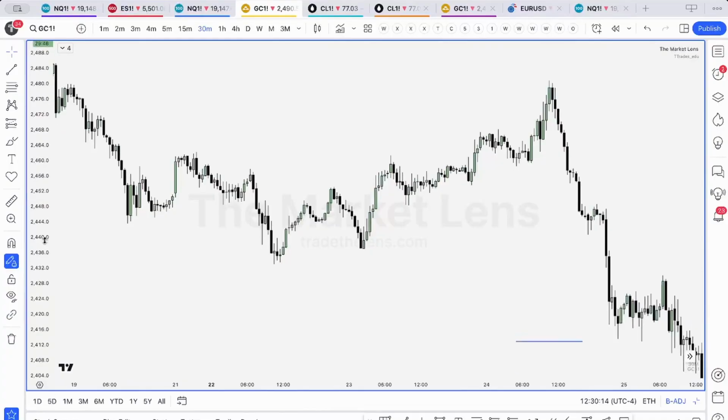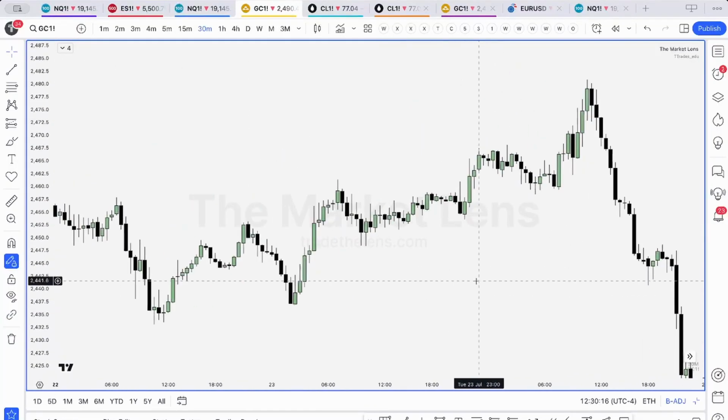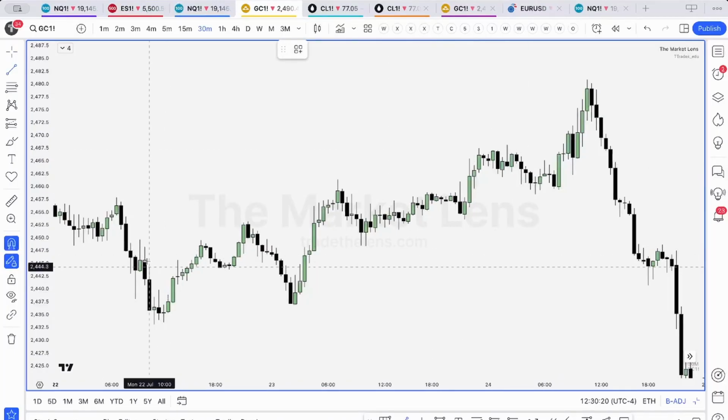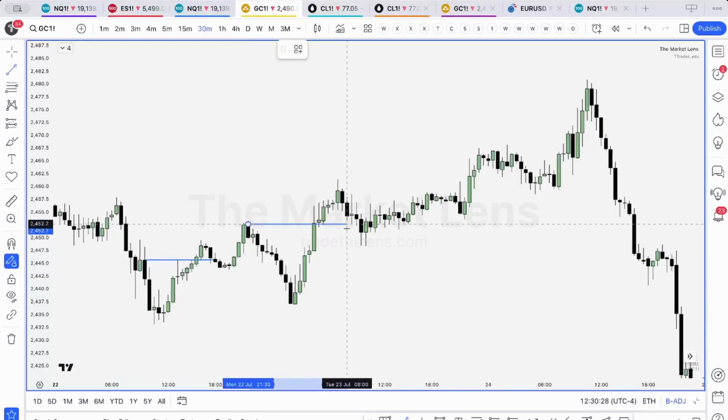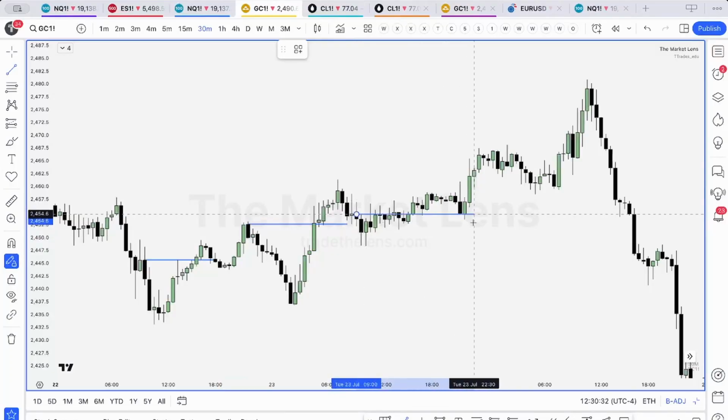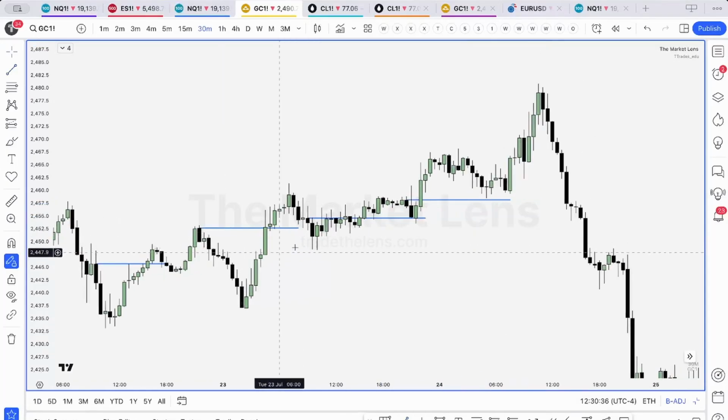This is just a very good example, so I will use it. If I'm trying to determine trend, I'll just use order blocks. So if we close over that, we should respect this low. Close over, respect the low, just marking out order blocks.